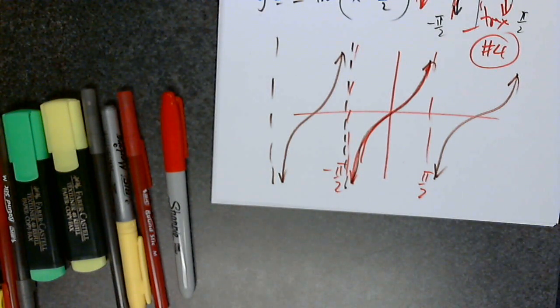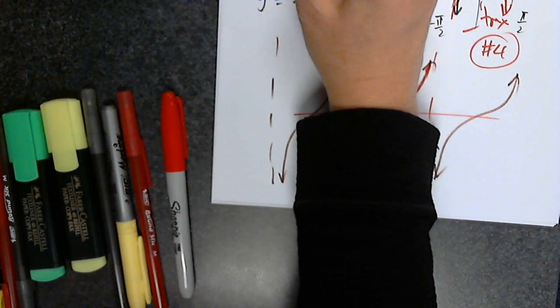Which one has no change whatsoever? 3 was accounted for, 4 was accounted for, so is it 1 or 2? Exactly, so this is number 1.